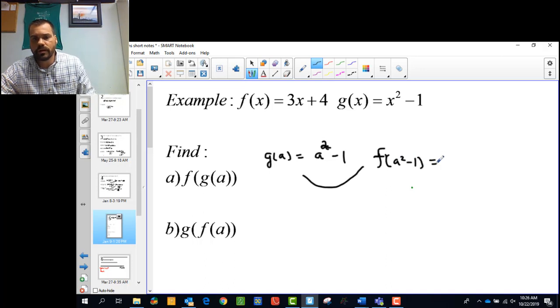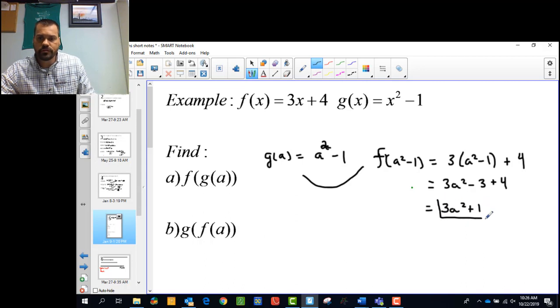And that is going to give me 3 times a squared minus 1 plus 4. So if we simplify that, we get 3a squared minus 3 plus 4. And so our final answer is 3a squared plus 1. That is f of g of a.